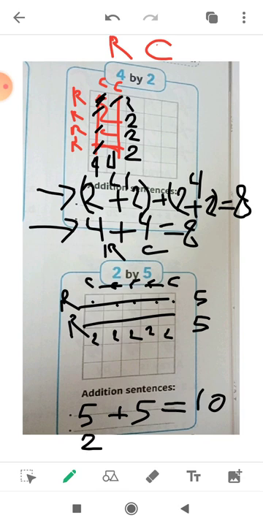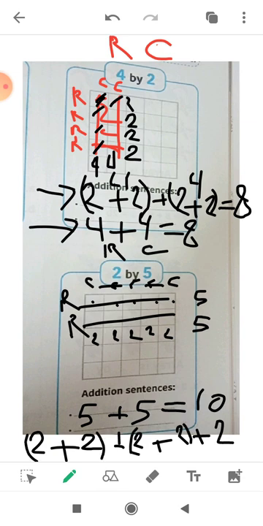I have 5 columns, so if I add them all it equals 10: 2 plus 2 is 4, again 2 plus 2 is 4, 4 plus 4 is 8, 8 plus 2 is 10. The answer will be 10, the same answer.